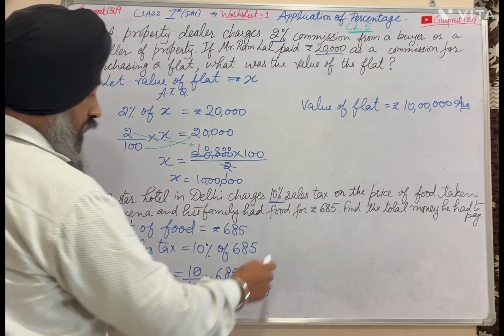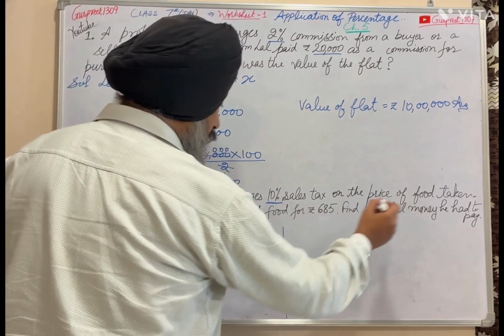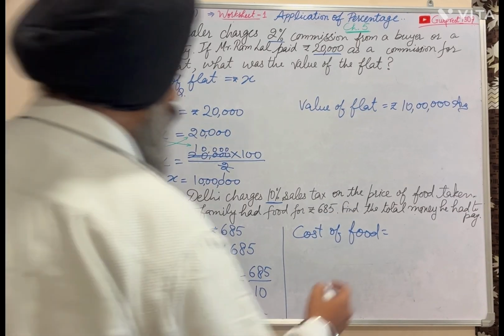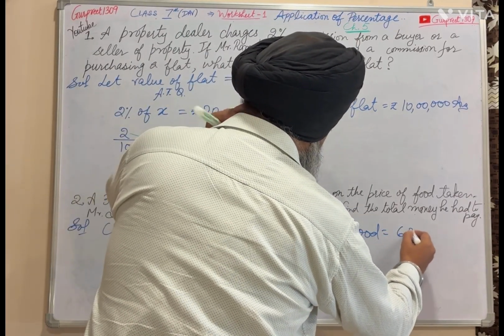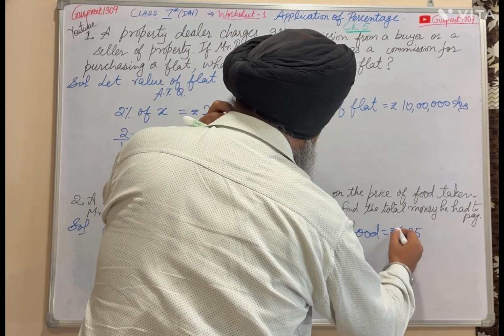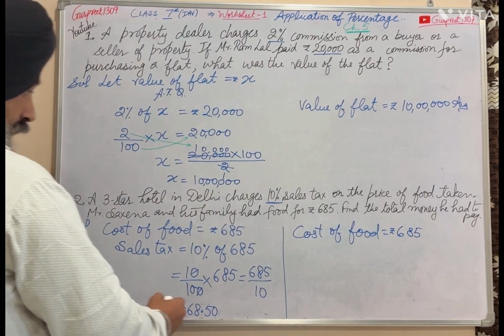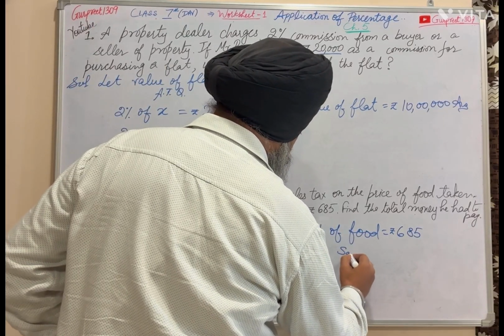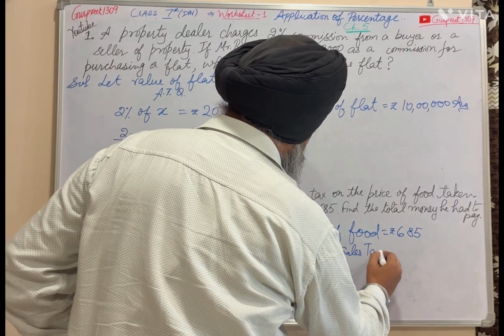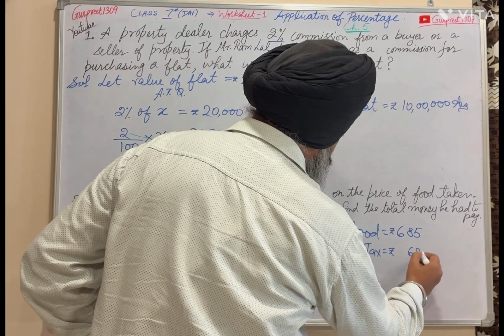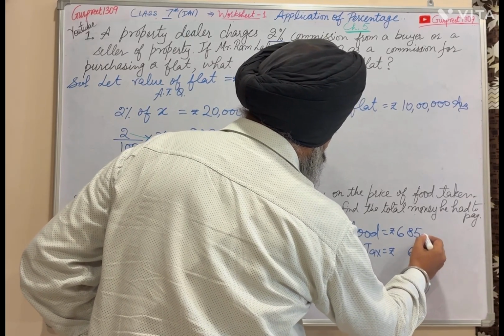So 68.50. So what is the money paid? The cost of food is 685. Then after that we have to write the sales tax. Sales tax is here 68.50.